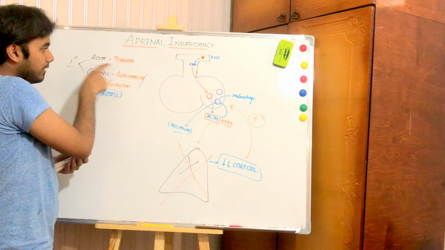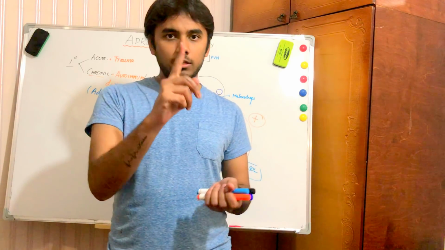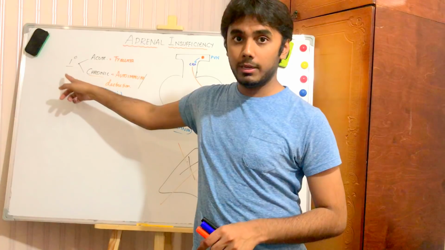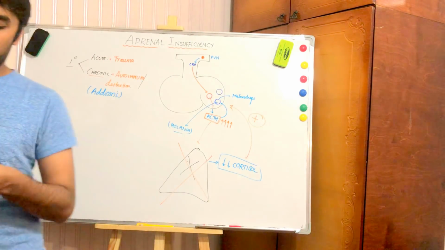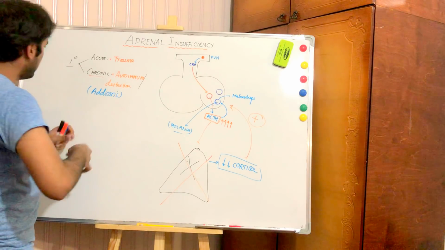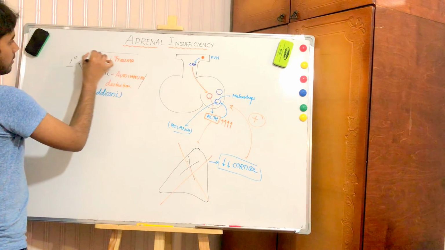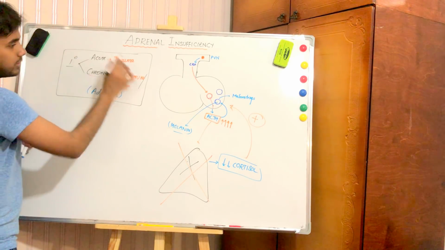So in primary you will find hyperpigmentation, right? So that is the main thing you need to remember, or you can just remember it this way: primary stands for P for pigmentation, right? Now what is secondary? So we finished primary adrenal insufficiency. What is happening in primary adrenal insufficiency?